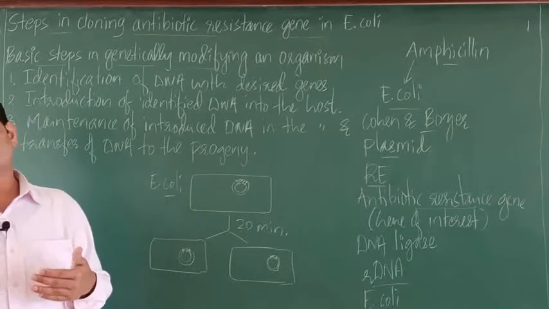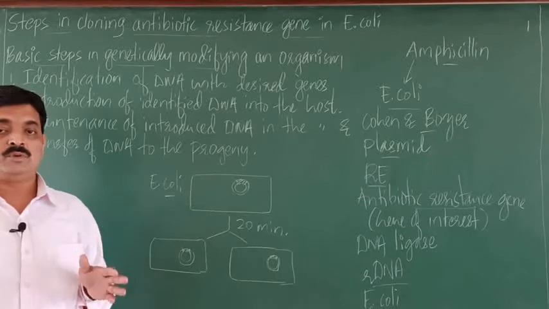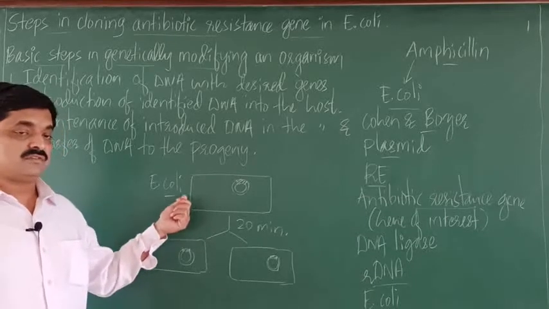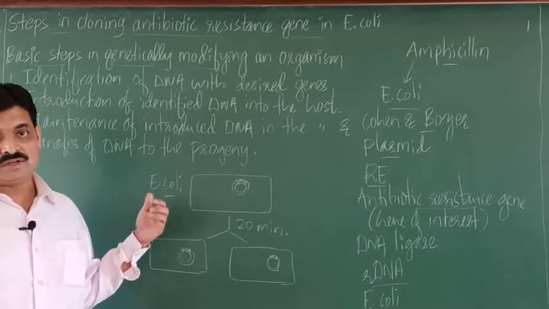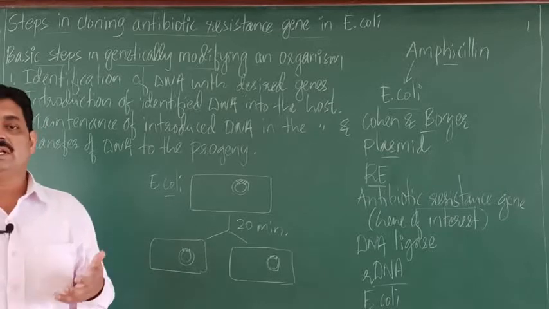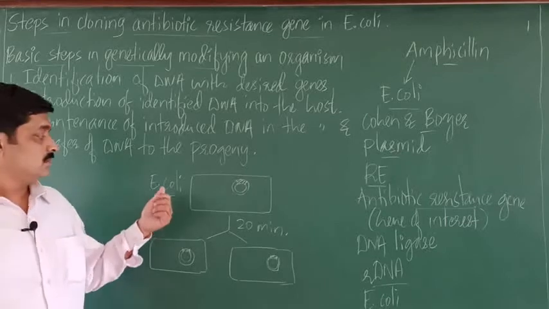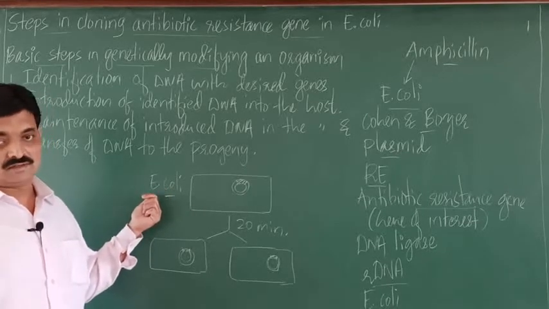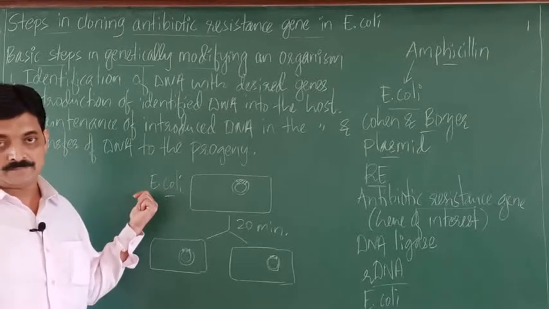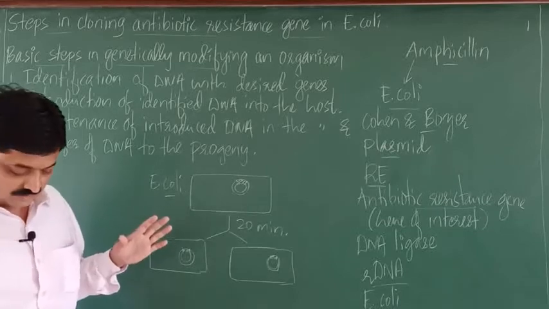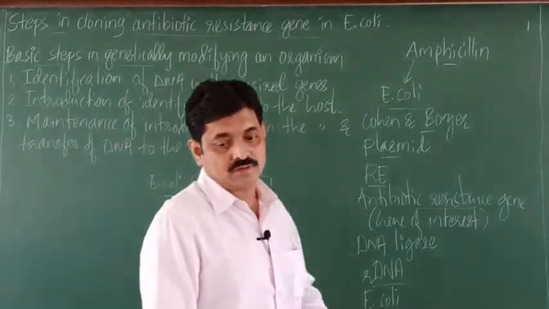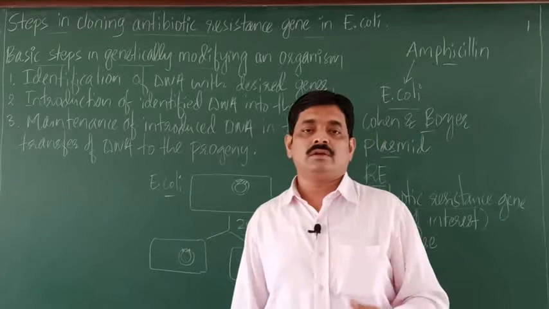Like that, many copies of desired gene are produced with the help of E. coli cells. And this process is called gene cloning. So gene cloning here is done with the help of a host cell, that is E. coli.